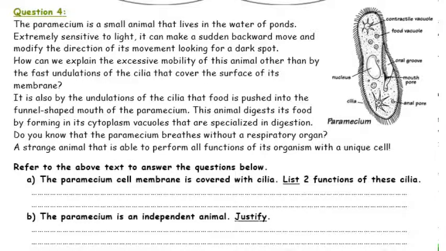Refer to the text to answer the questions. The paramecium cell membrane is covered with cilia. List 2 functions of these cilia. What do these cilia do? Let's look in the text.